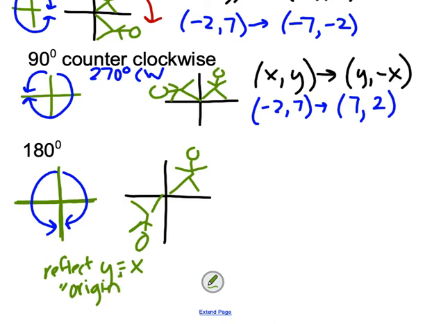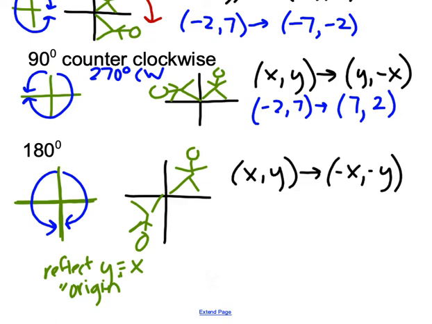So the idea of reflecting over y equals x or reflecting about the origin or 180-degree rotation are the same. So the rule would be the same. Maybe you recall in that reflection, it's the opposite of x, opposite of y. So as an example, if we stuck with that original point of -2, 7, to do a 180-degree rotation, the opposite of x would make it a +2, and then the opposite of y, it would land at a -7.